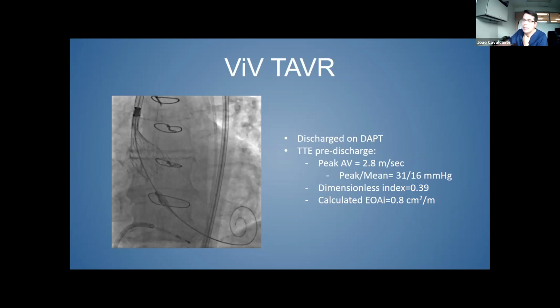The Trifecta is a non-fracturable valve. The procedure went well, with no significant mishaps. He was discharged with a peak aortic valve velocity of 2.8 meters per second, peak and mean gradients of 31 and 16, dimensionless index of 0.39, and a calculated EOAI of 0.8, so no PPM and low gradients.